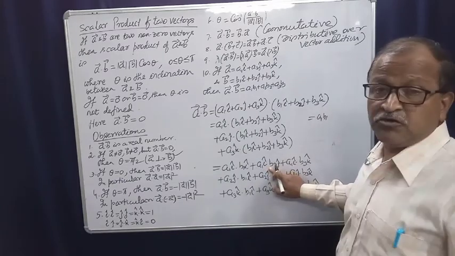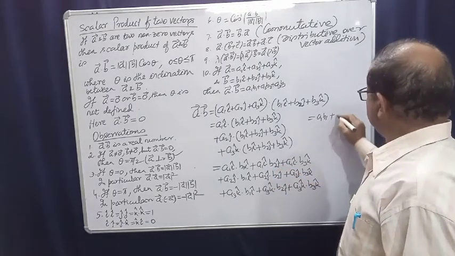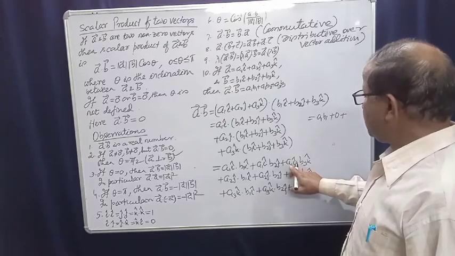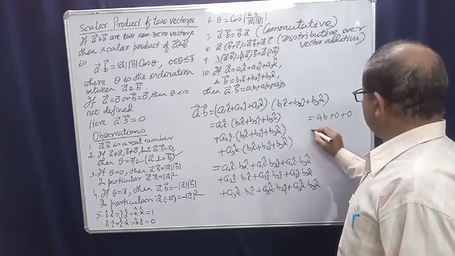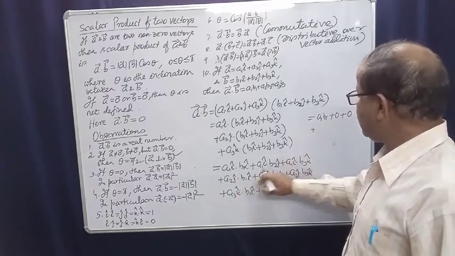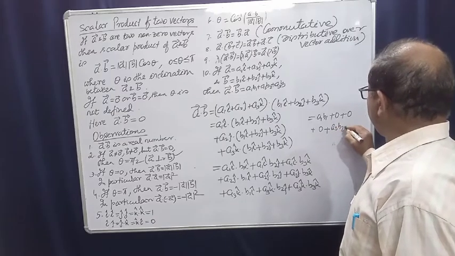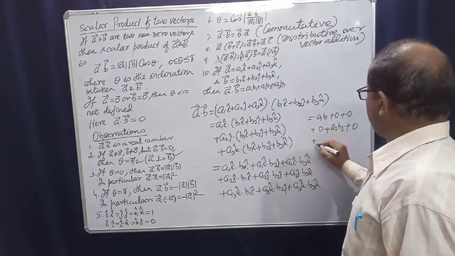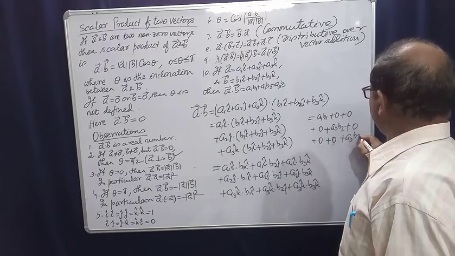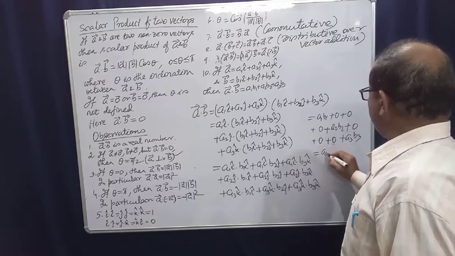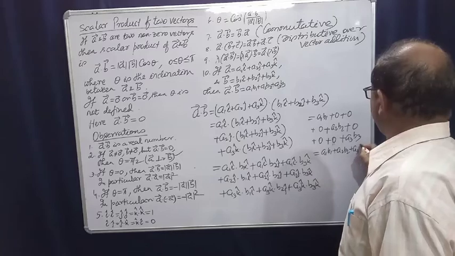Here it will be 0 because I dot J is 0, plus I cap dot K cap is also 0. Again J dot I is 0. Plus it will be A2 B2, plus 0 plus 0 plus A3 B3. So it will be A1 B1 plus A2 B2 plus A3 B3.